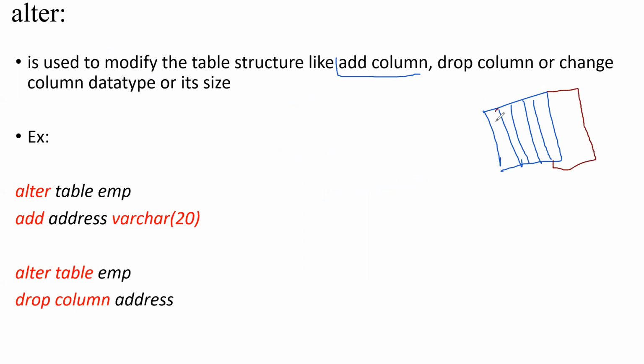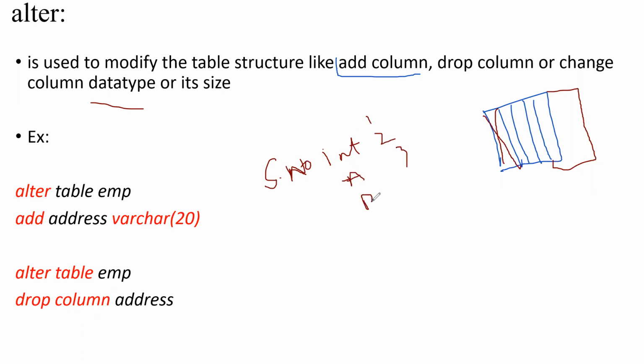if I want to drop a column or delete a column, or if I want to change the data type, for example, in some cases the serial number at the starting time I assigned as an integer. After that I want to change it to ABCD instead of 1 2 3 4 5.